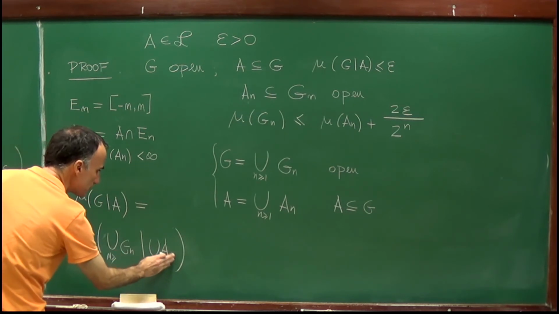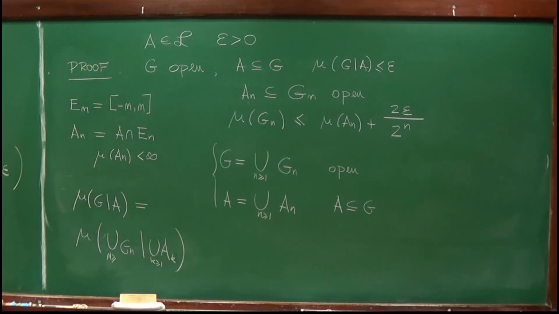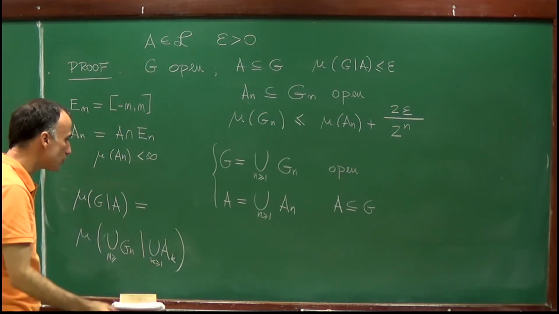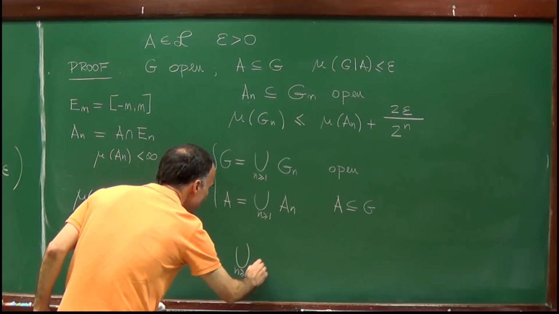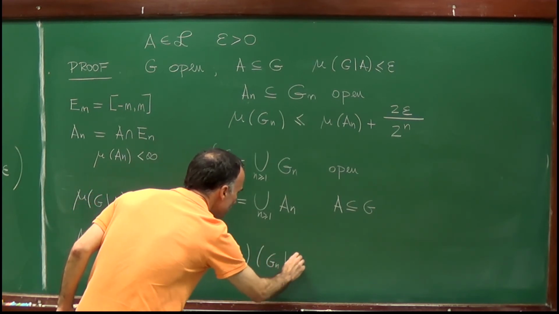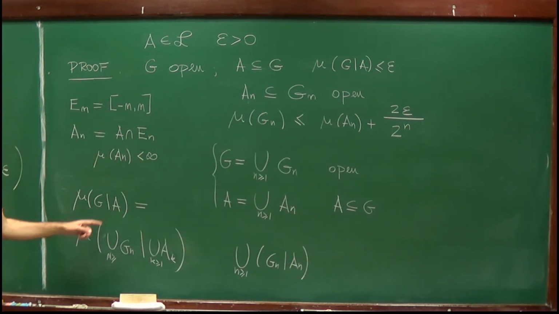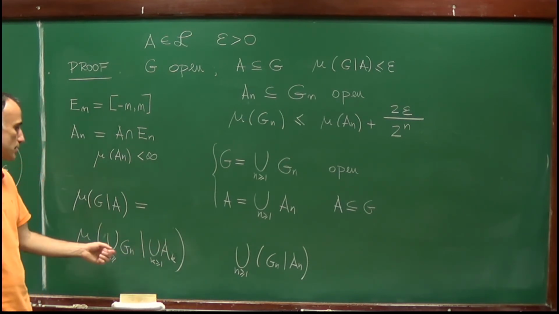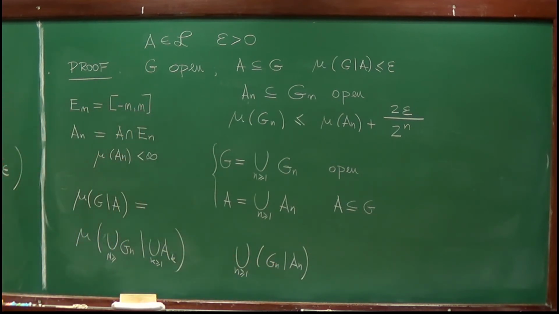If you don't want to mix indices, let's call that union of A_k. Well, I leave it to you to check that the union of G_n minus the union of A_k is contained in the union of G_n minus A_n. Any point which is in the union of G_n and not in the union of A_k is in one of the G_n and not in the same A_n.